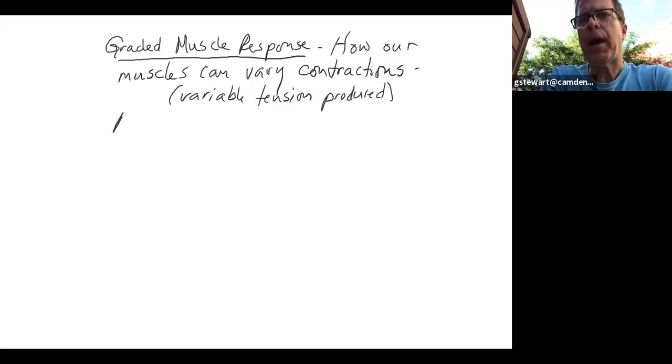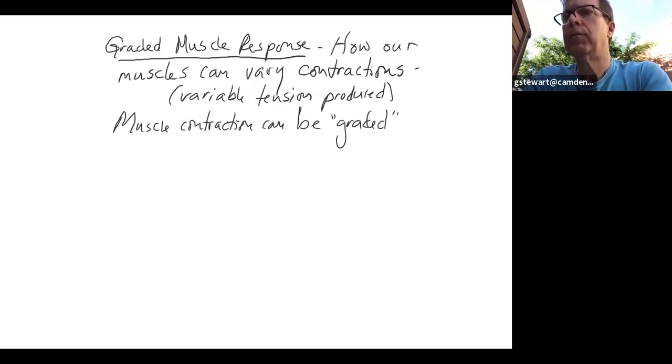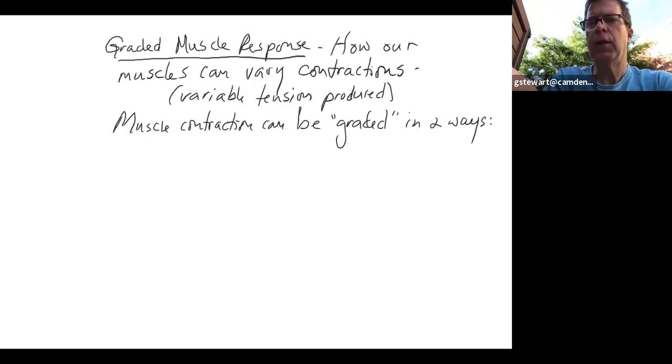So a muscle contraction can be graded in two ways. Whenever you see the word graded, just think it can be varied or variable. And there's two ways in which our muscles can do this.